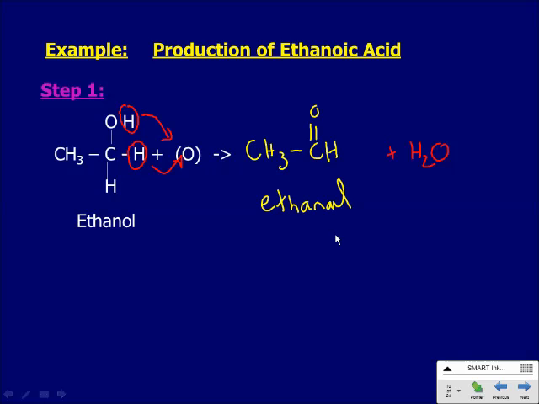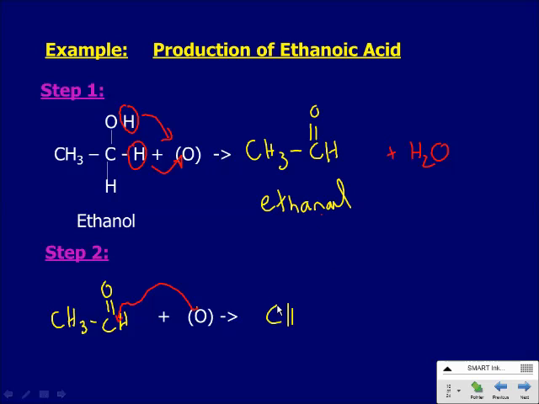All right? Now comes the second step. Now I'm going to take the ethanal, CH3, CH, double bond O, and we're going to continue to oxidize it. In this case, there isn't any H's or anything taken off. This O is literally added in between the C and the H. It's added into that position.